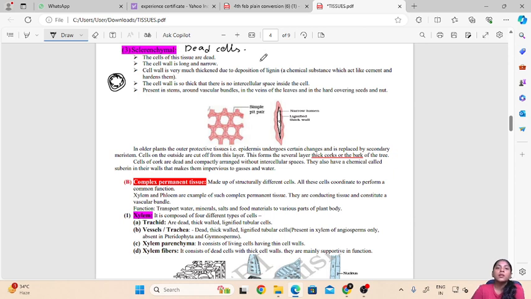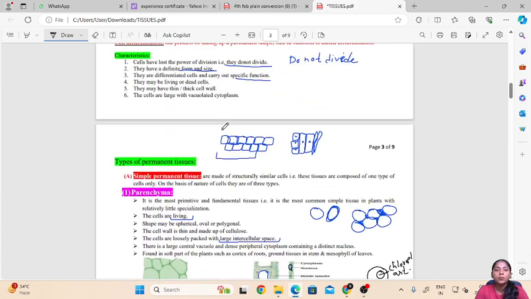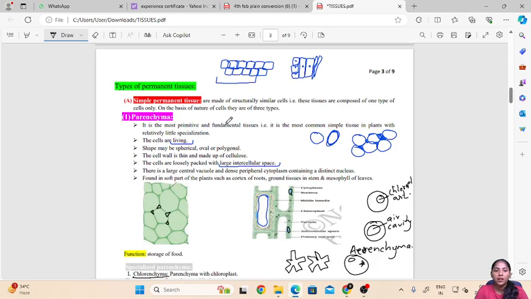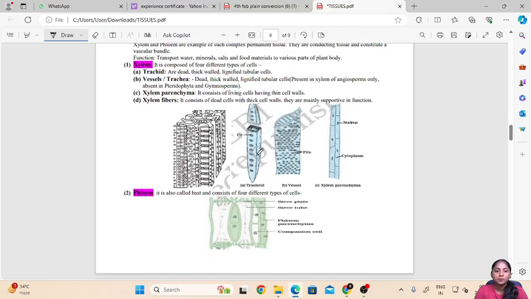These dead cells of sclerenchyma tissue are usually present in the stem or bark of the tree, in vascular bundles, and in the covering of nuts or seeds, for example walnut, coconut, etc. So these are the three types of simple permanent tissue: parenchyma tissue, collenchyma tissue, and sclerenchyma tissue.